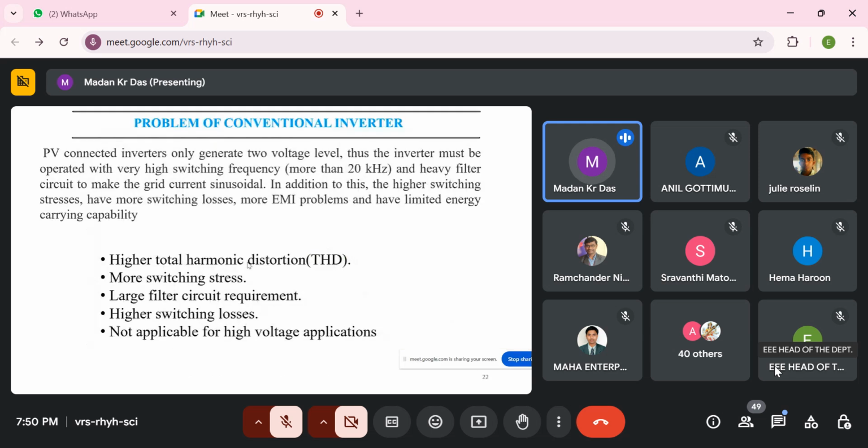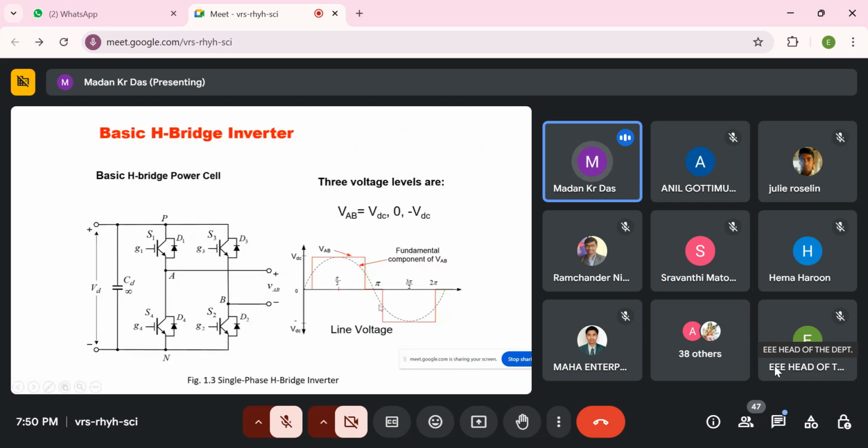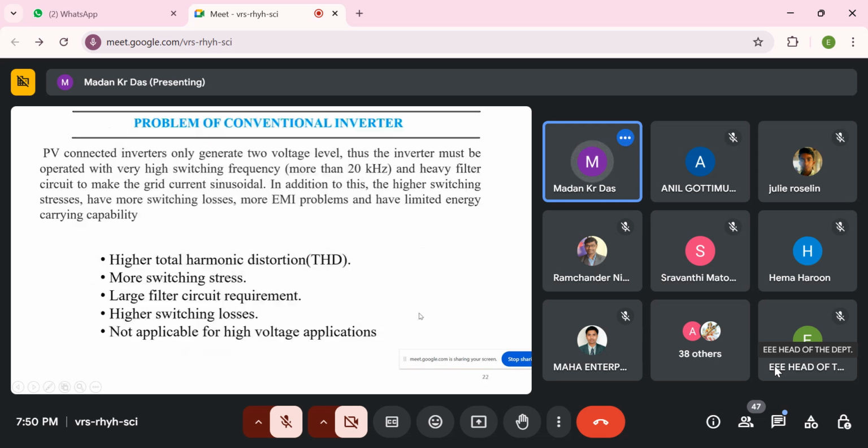In this inverter, we find more harmonics, more switching stress, large filter requirement, and high switching losses. High switching losses means we provide more than 20 kilohertz, 30 kilohertz switching frequency, so switching losses will be more, and its output is like a square wave. So the output filter is larger in size and the cost is also more.